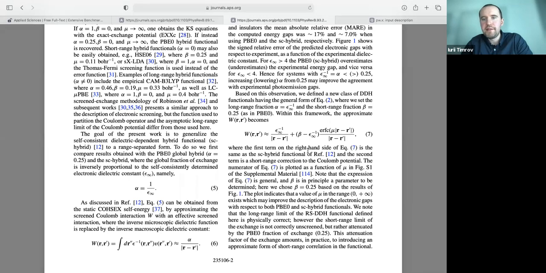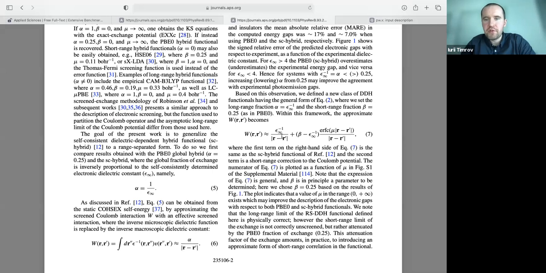It has interesting properties: if you take the limit when R goes to R prime, so basically two points are close to each other, it gives you simply 1/|R minus R prime|. But if you go in the limit where |R minus R prime| goes to infinity, it gives you 1/epsilon infinity.